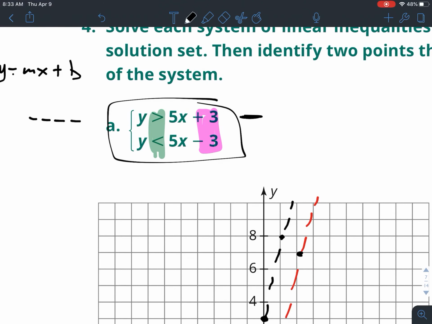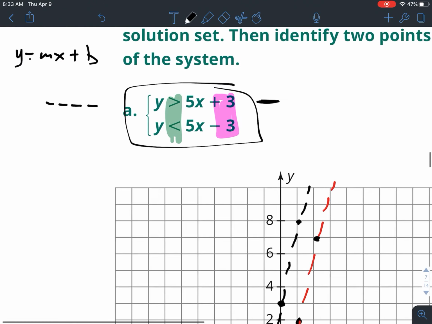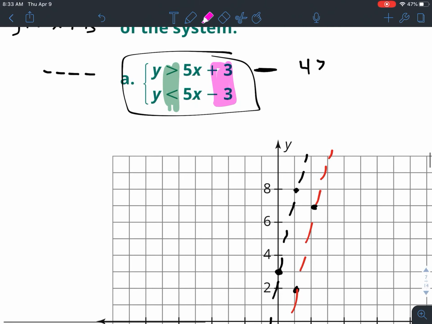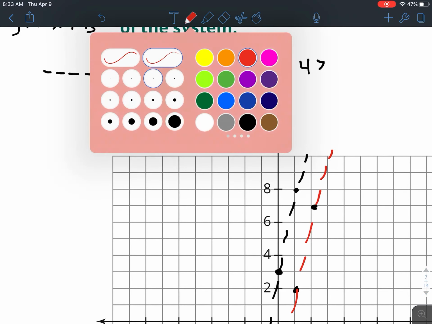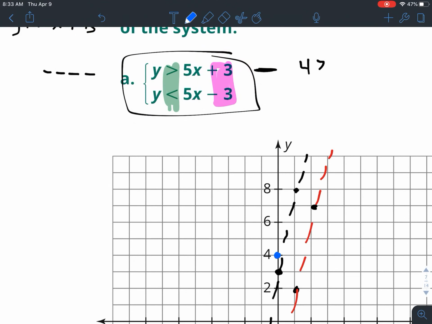Actually, I'm going to go above it: y is 4 and x is 0. I'm going to use blue to point. So that'd be this point right there. The boundary is y equals 0 plus 3, and let's see if this is true.